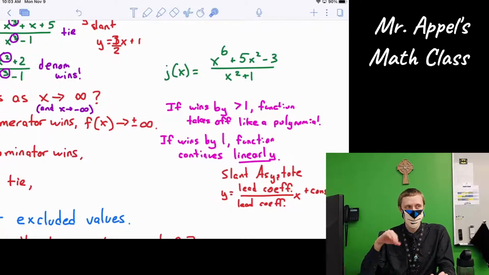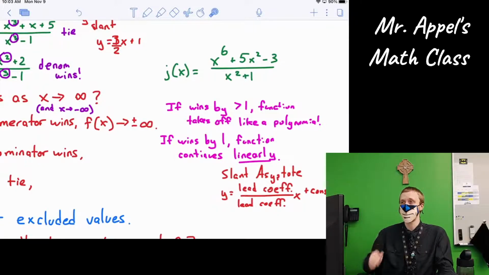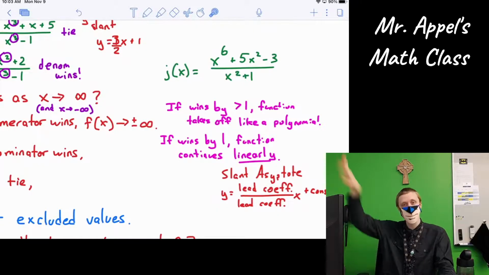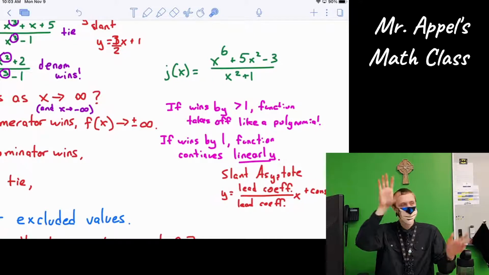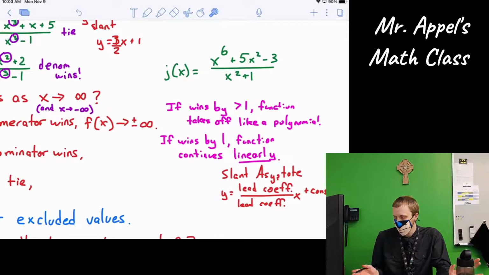You just reduce those leading terms, and that's what it will look like in the end. So if that looks like a line, it looks like a line. If it looks like a parabola at the end, it'll just take off like a parabola, or a cubic, or a quartic, whatever. Okay, no questions coming up there. So let's look at the other options.